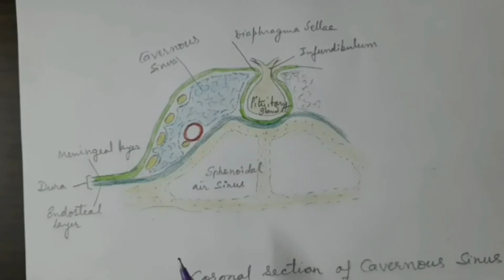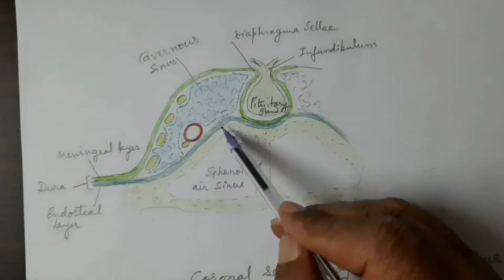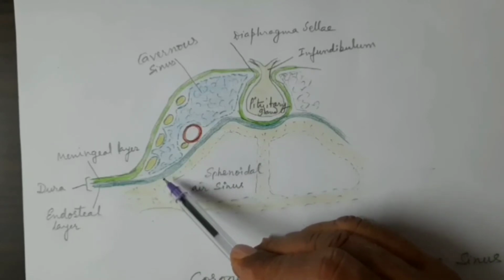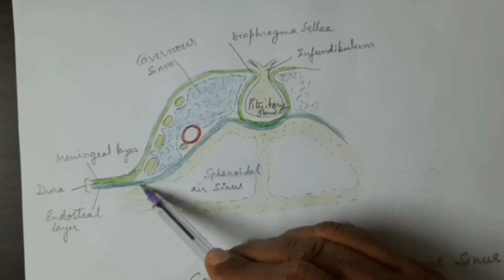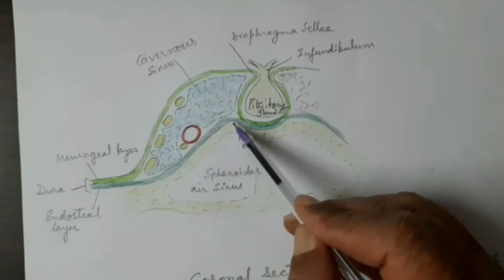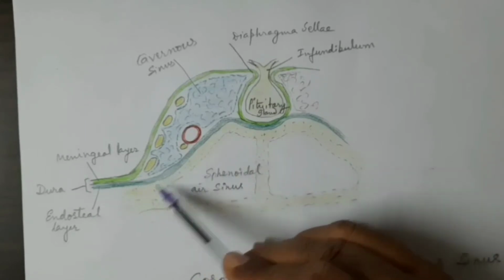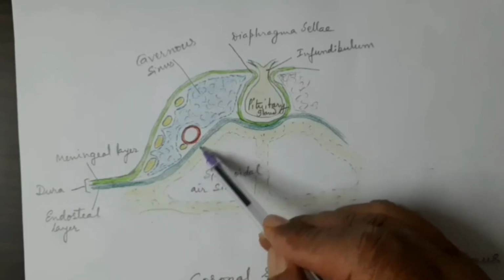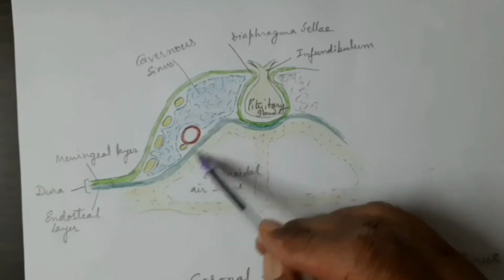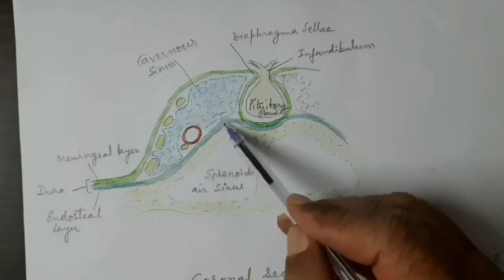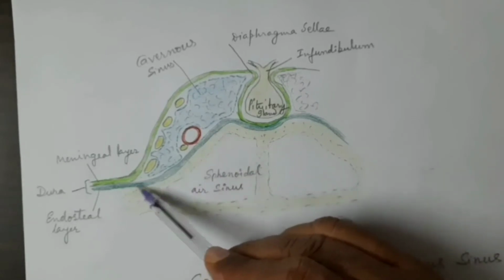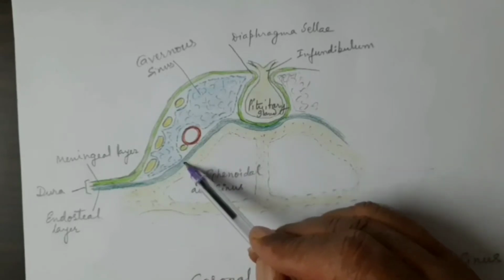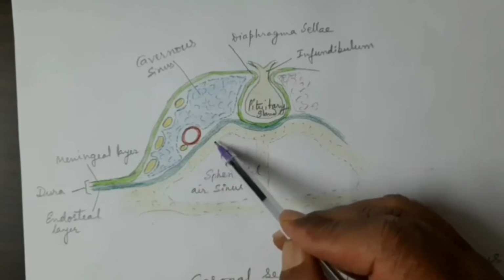The medial wall and the floor, that means this wall and this floor, are lined by the endosteal layer of dura. You can see this color. This is the endosteal layer. So this is the floor which is in the middle cranial fossa, and this is the medial wall which is the lining to the side of the body of the sphenoid. So both medial wall and floor are formed by the endosteal layer which is firmly attached to the bone.